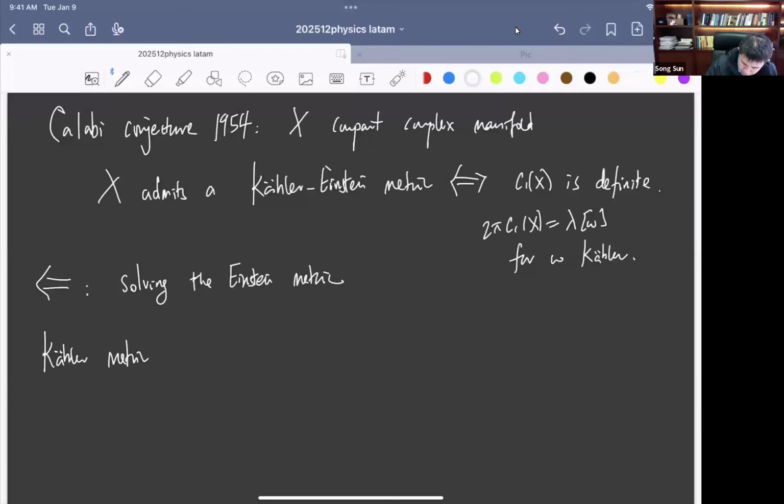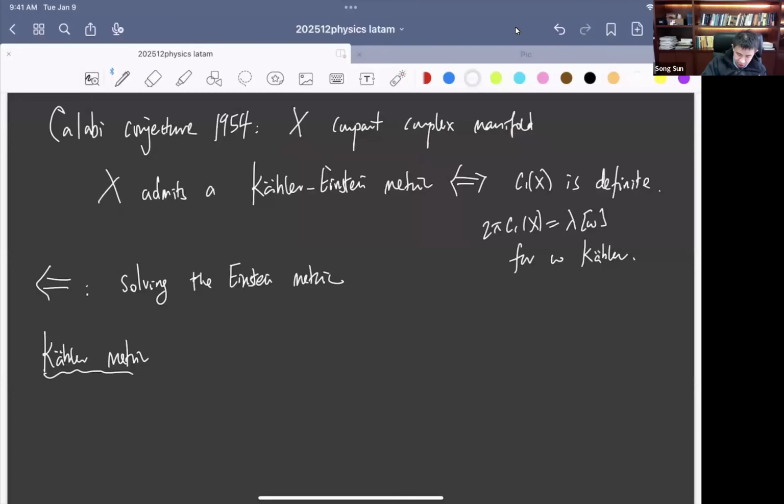A Kähler metric is a Riemannian metric, but we have already shifted viewpoints. When we talk about the Calabi conjecture, we are fixing the complex manifold.